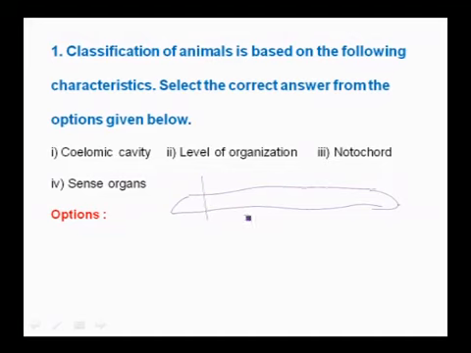If you cut it in this manner, you can see there are two tubes present, one tube inside the other tube. This condition that you observe is called the tube within the tube condition.